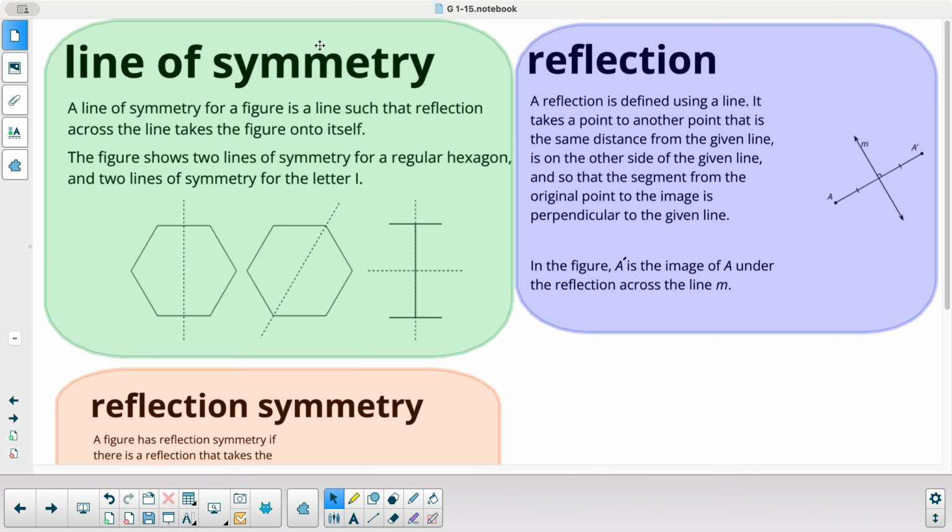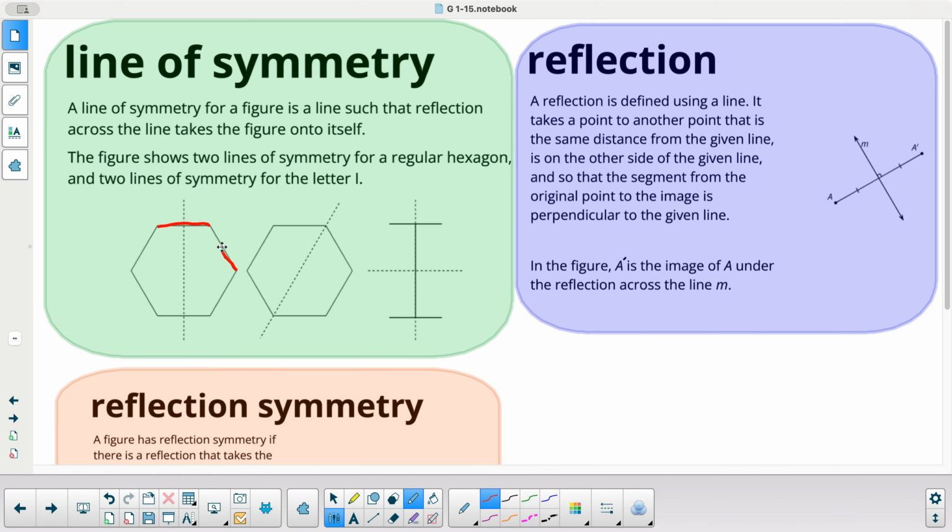So what is a line of symmetry? A line of symmetry for a figure is a line such that the reflection across the line takes the figure onto itself. Basically that means for this hexagon here, if I reflect across this line, I am going to get the same shape.